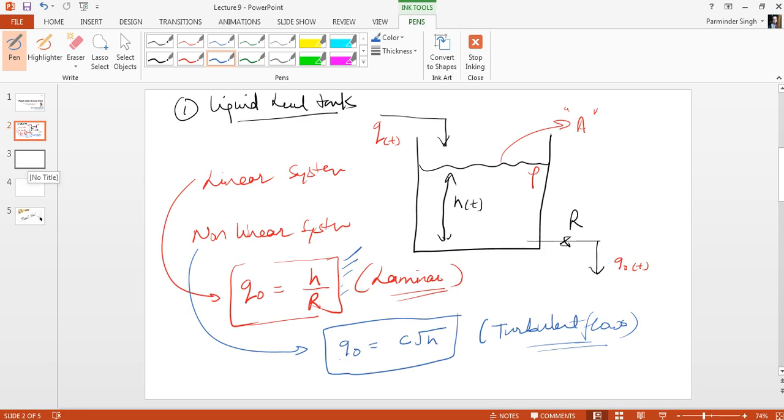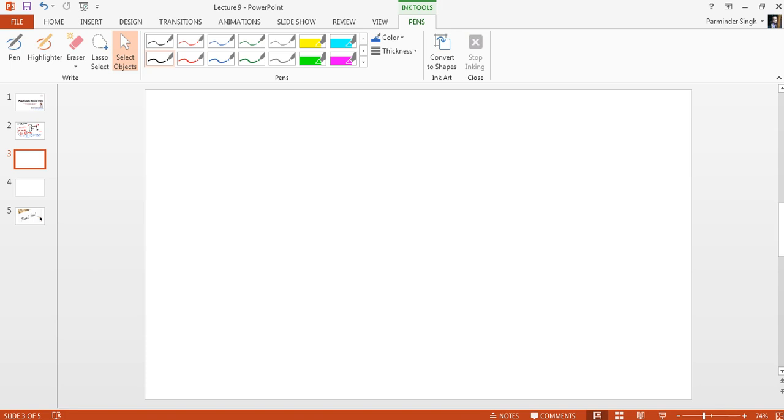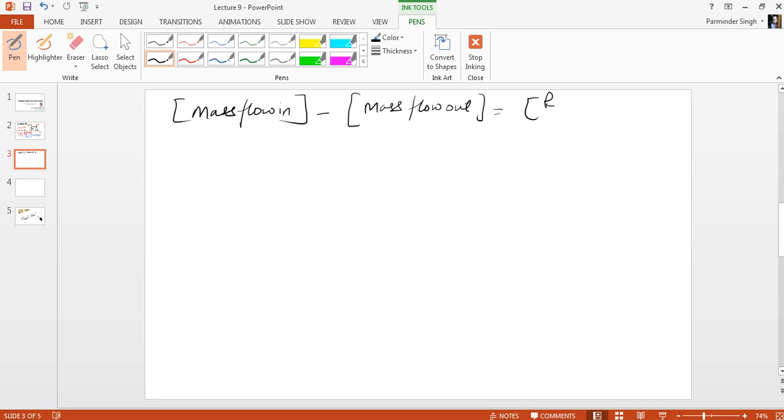Now for the first, that is the linear system, what we do is we apply the mass balance on this tank. Mass balance is mass flow in minus mass flow out is equal to rate of accumulation of mass within the tank.